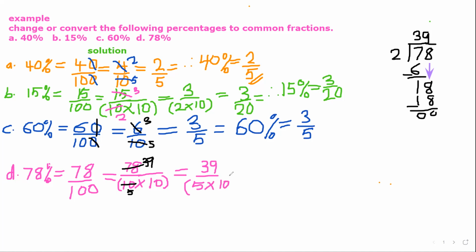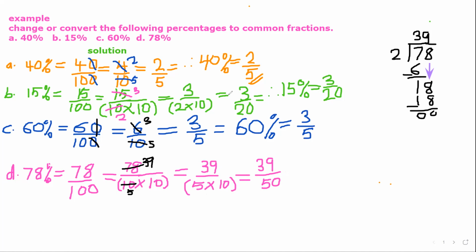Okay, good. Then 5 times 10 here is also, we have 39 out of 50. Okay, good. Because when you multiply the 5 by 10, you get 50.